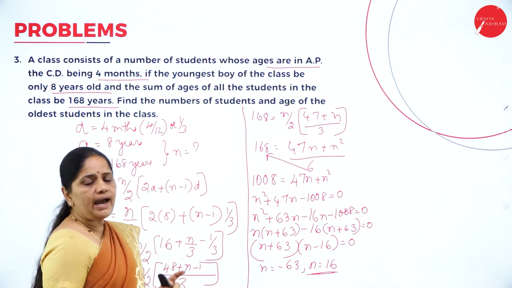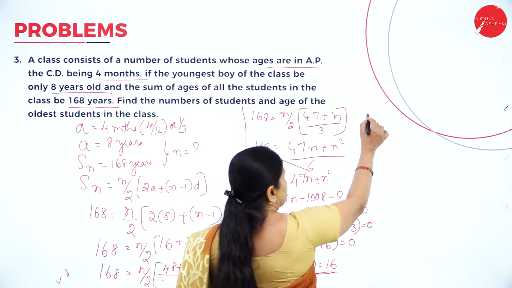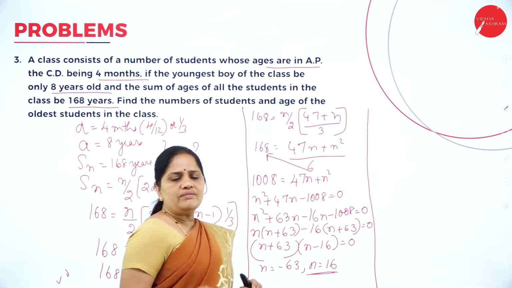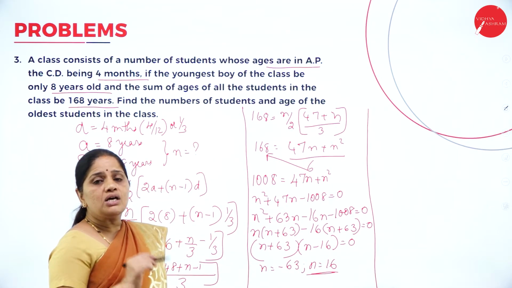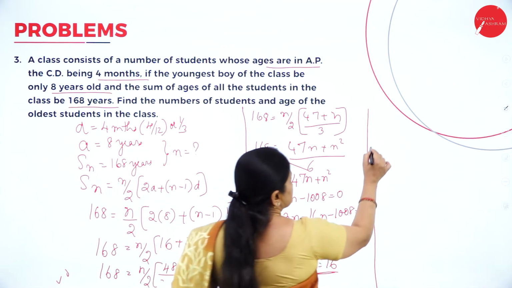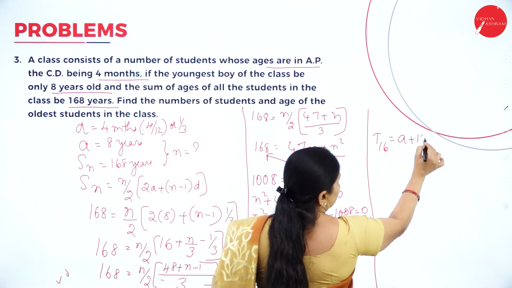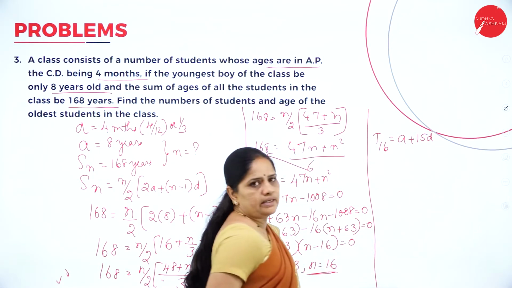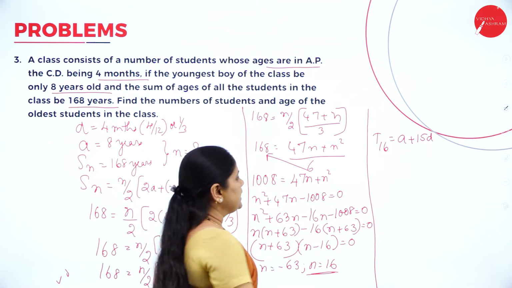So now we have to find out what is the age of the oldest boy in the class. So that will be the 16th boy of the class. So I will write T16 equals A plus 15 into D. Okay, so T16 equals A plus 15D.